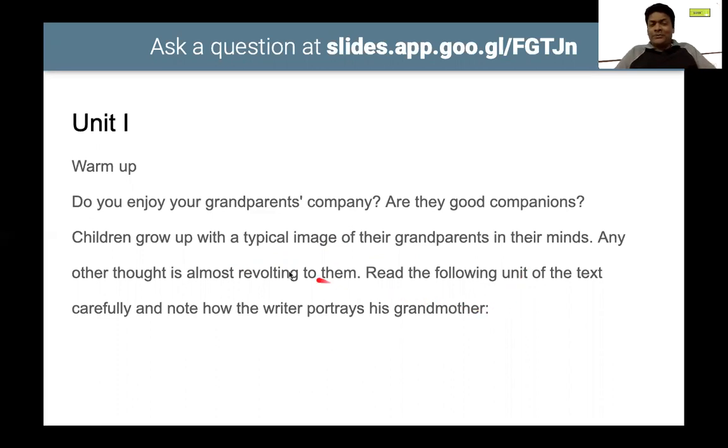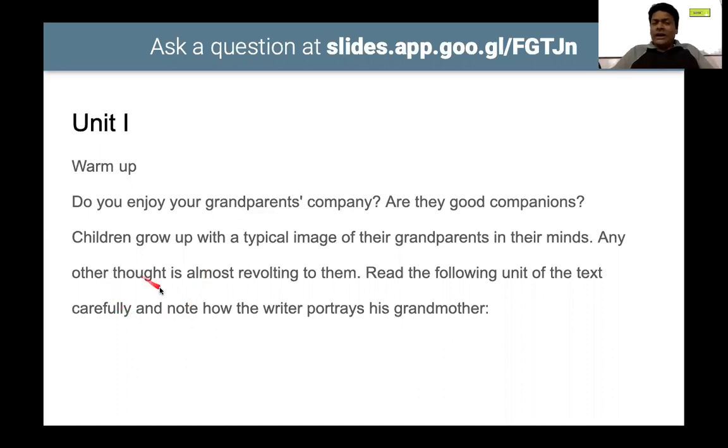There are children who know that grandparents are nothing but a kind of companions who tell stories, who save their grandchildren from being beaten by their parents, and also give them chocolates and a lot of love.